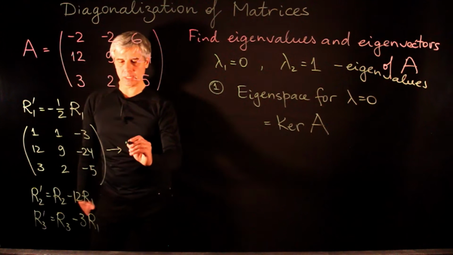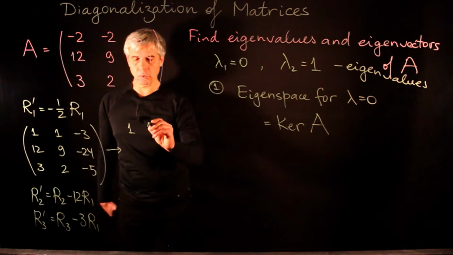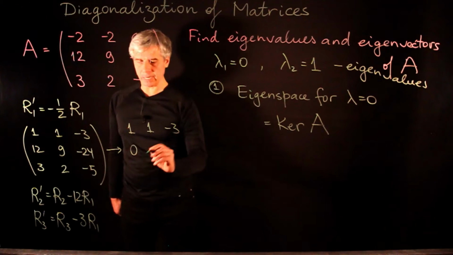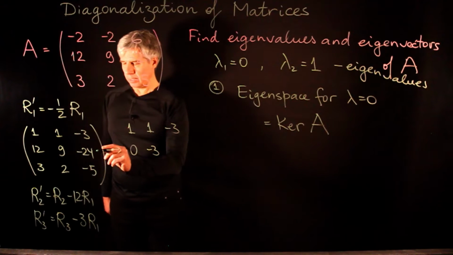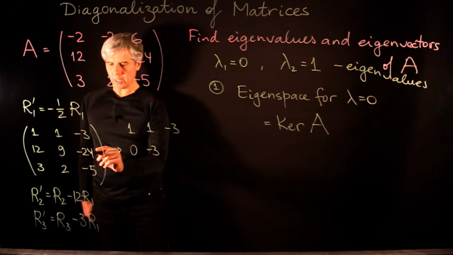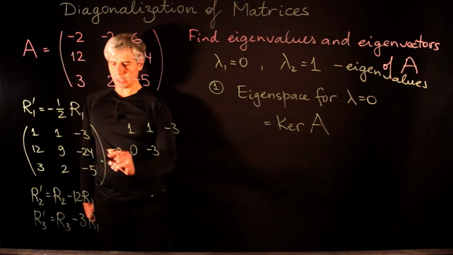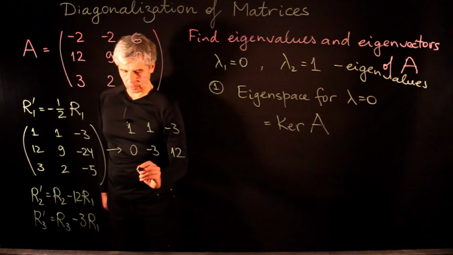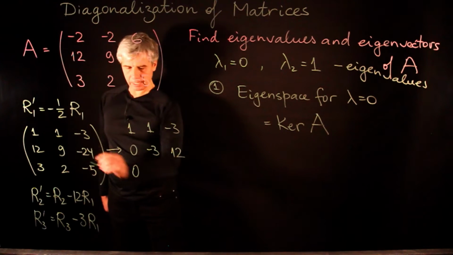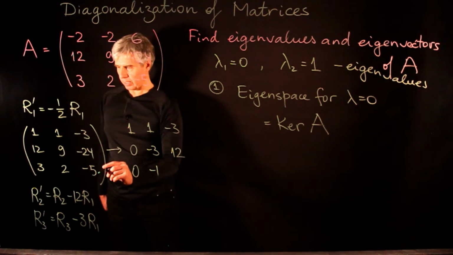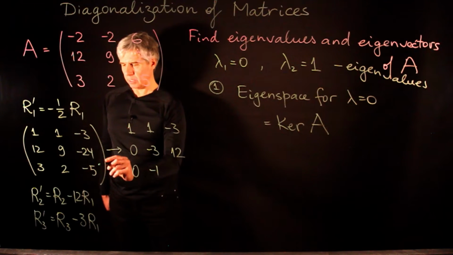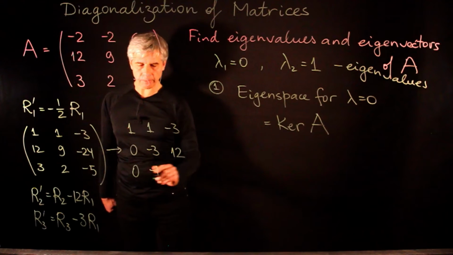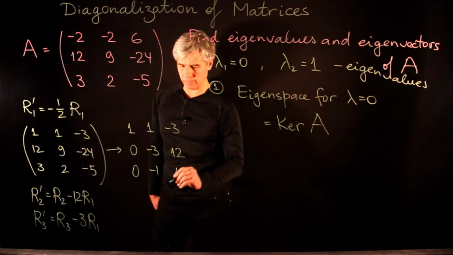This gives us the new matrix: 1, 1, negative 3. Then we get 0, 9 minus 12, that's negative 3, negative 24 plus 36, so this is going to be positive 12. And here we get 0, 2 minus 3 is negative 1, and minus 5 minus negative 9, so this is 9 minus 5, that's going to be 4.